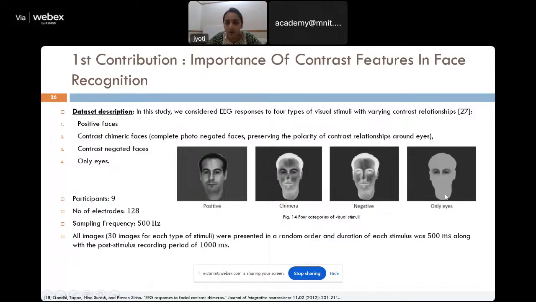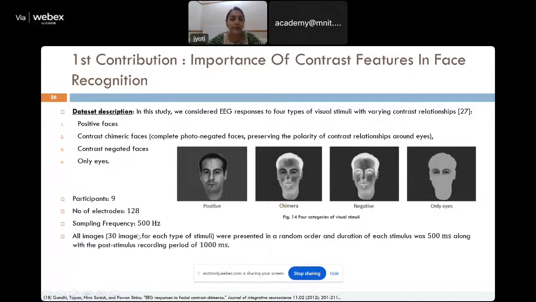There is a difference between only eyes and chimeric phases. Only eyes doesn't have the surrounding area, so it is not preserving the polarity around the eye area. But the chimeric phase preserves the contrast relationship around the eyes. We wanted to know, when different types of images of the same subject are shown, whether different brain networks are formed or the networks formed in our brain are similar.